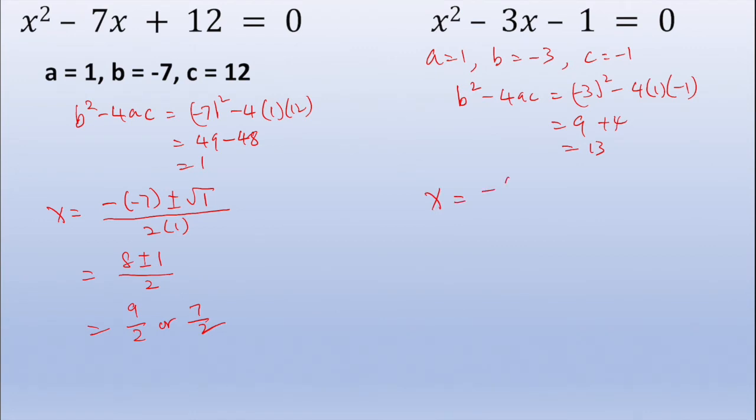So x equals minus minus 3 plus or minus square root of 13 over 2 times 1, which is 2. So this is 3 plus or minus square root of 13 over 2. That will do, that's the answer, unless you're asked to work it out and give the answer in 2 decimal places.